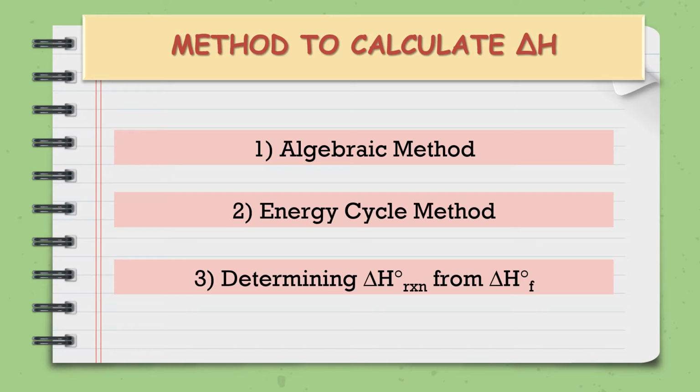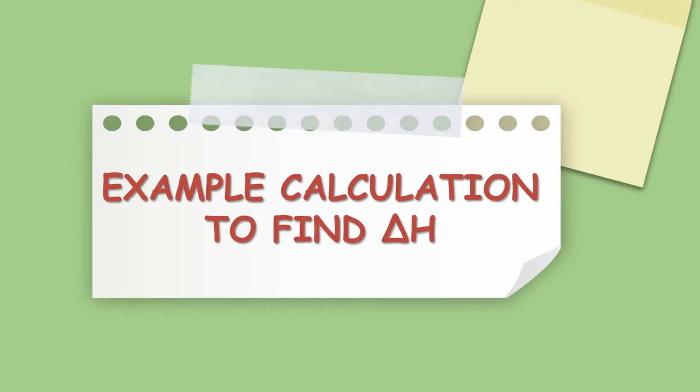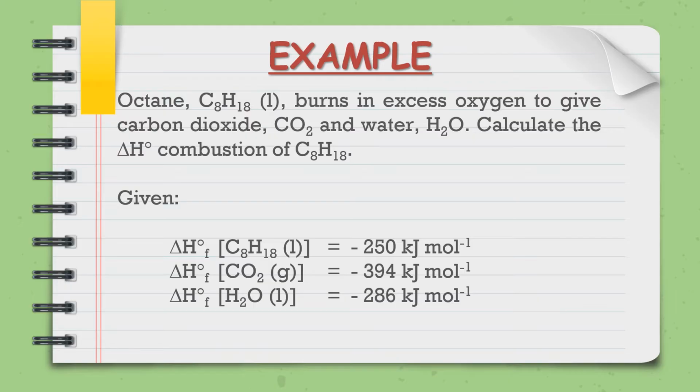Now let's take a look at the question. Example calculation to find delta H. I show you one question, and how to solve it by using 3 different methods. Now let's look at the question and the methods that we can use.